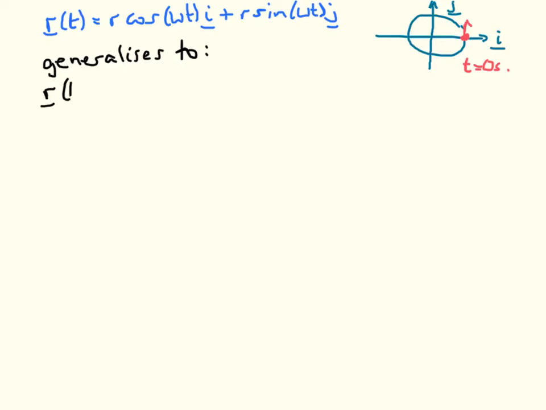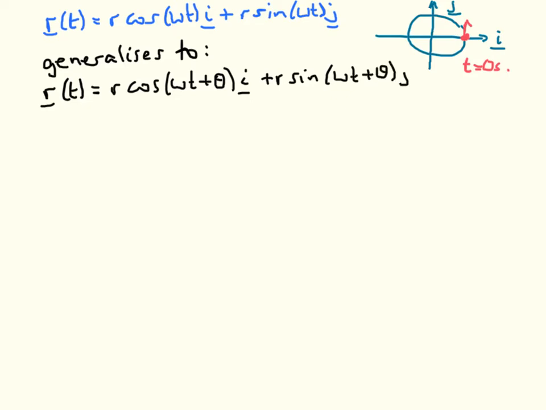So we have r of t is r cosine of omega t plus theta i plus r sine omega t plus theta j. And now at time t is 0, we have r cos theta i plus r sin theta j, and that corresponds to being at an angle theta measured in the anti-clockwise direction from the x-axis.